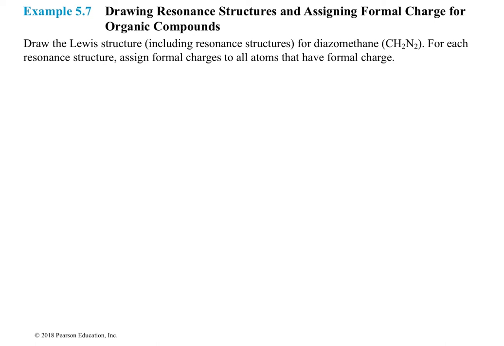So here is diazomethane, so we have 4 plus 2 plus 10, so 16 valence electrons. So we have carbon with my hydrogens, nitrogen, nitrogen. So 2, 4, 6, 8 in bonds, 8, 10, 12, 14, 16.